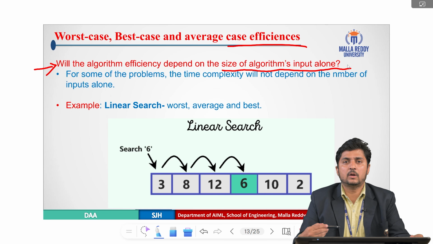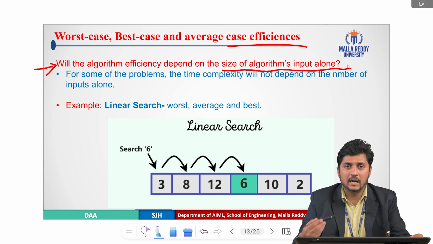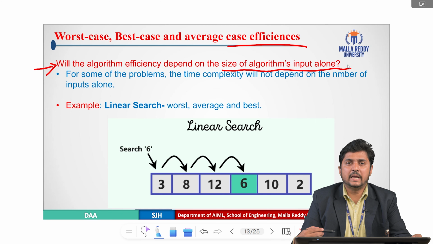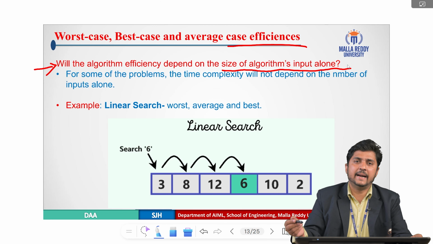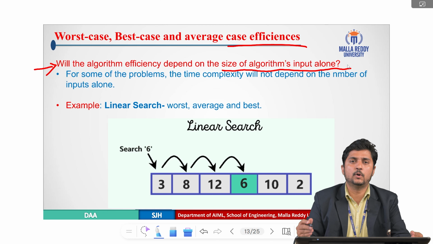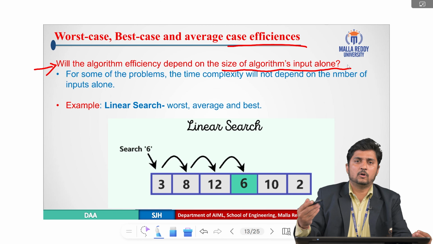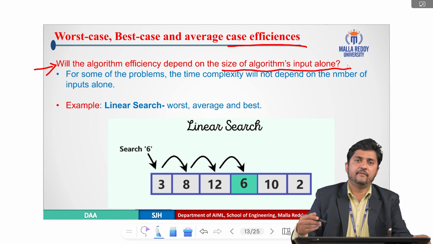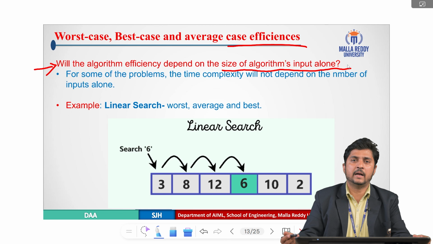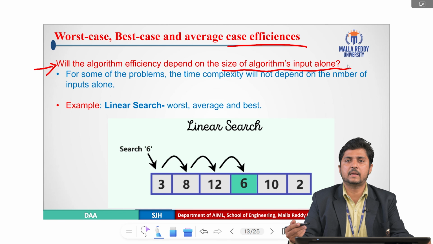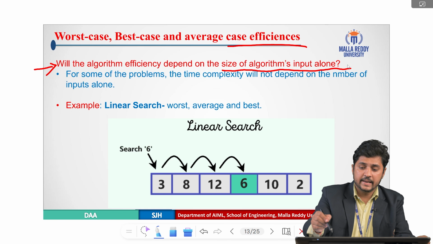This is the question we need to answer first. Most of the time we assume the efficiency depends purely on the input size. Assume if the input size is 10 for a searching operation, then the algorithm will take some amount of time. If we increase the input size to 1000, the amount of time consumed by the same algorithm may be different. So is it true?